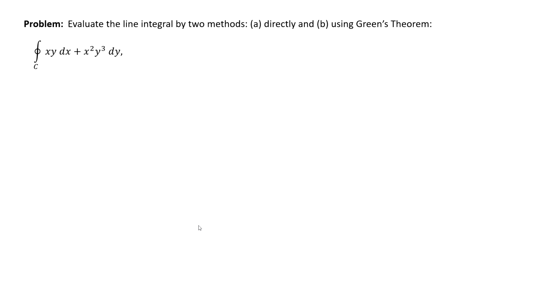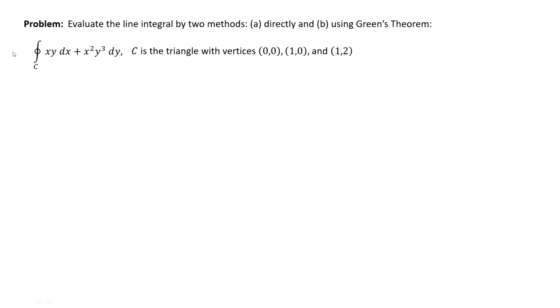Pick up a problem. Evaluate the line integral by two methods. One is directly, and the second one by using Green's theorem. Right? What a beautiful example to illustrate the concept.